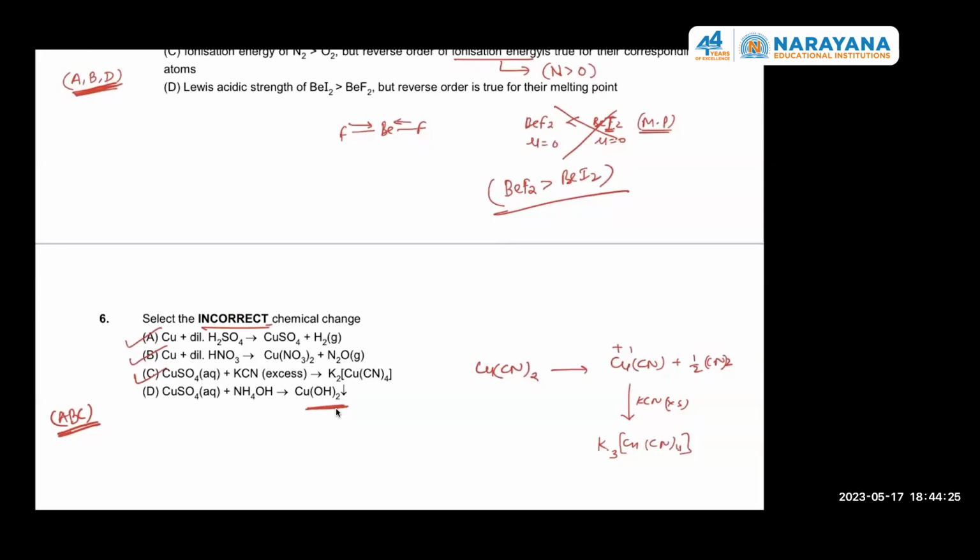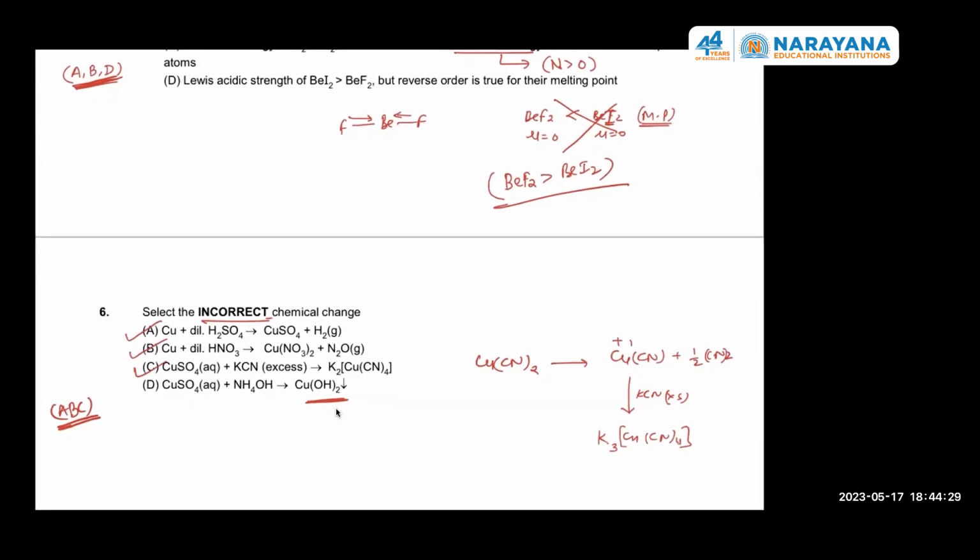Yes. Fine. In the cyanide case, the complex will be K3[Cu(CN)4], because Cu plus 1 will be the major case here. So the Cu(CN)2 ammonia complex is unstable. The ammonia complex forms in excess of ammonium hydroxide. If nothing is mentioned, we take it as dilute.